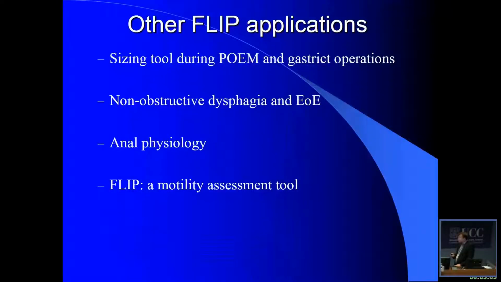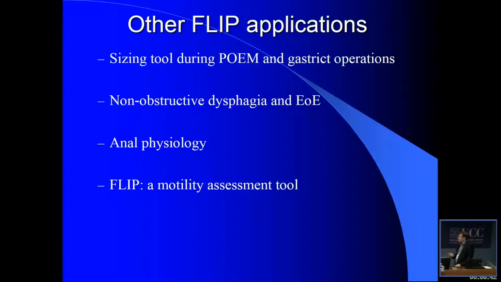So what other FLIP applications are there? There's quite a lot. I know there's a lot of work ongoing. I think one of the more important is the use as a sizing tool. POEM has in many ways replaced Heller's myotomy. I know there are studies going on, and there have been published studies where FLIP is used during POEM procedures, during gastric operations.